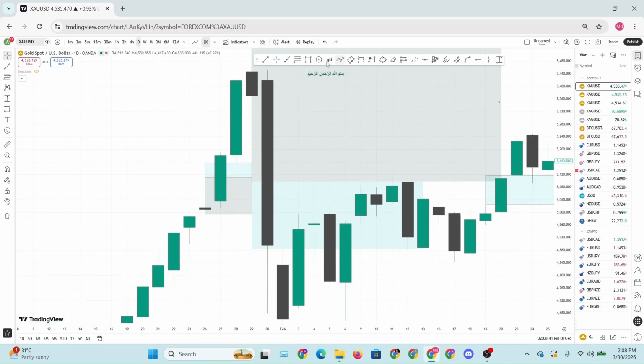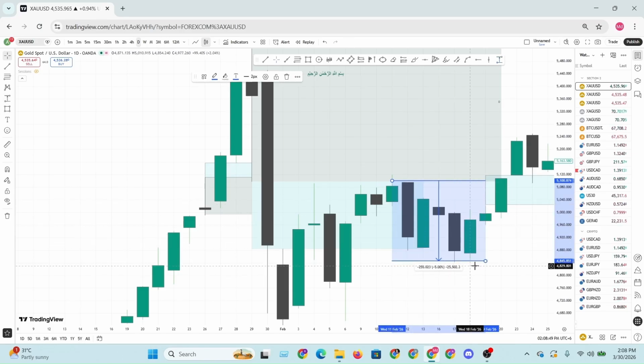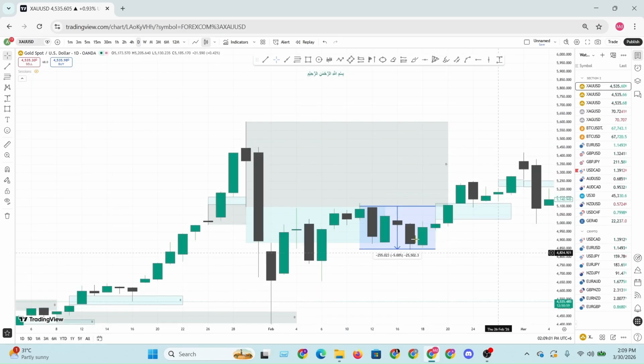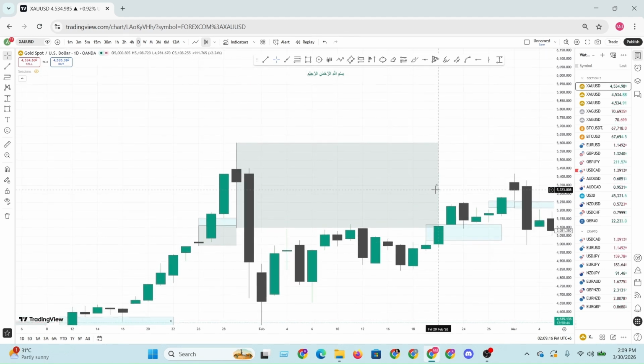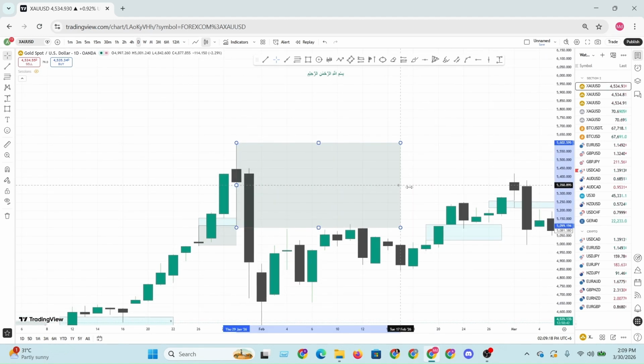What did the market do? It just tapped, and how much did it move? Again, almost 2600. So this is called a POI. Higher market came, higher institutional orders were placed, and big money's orders were placed in these levels, in these particular areas.